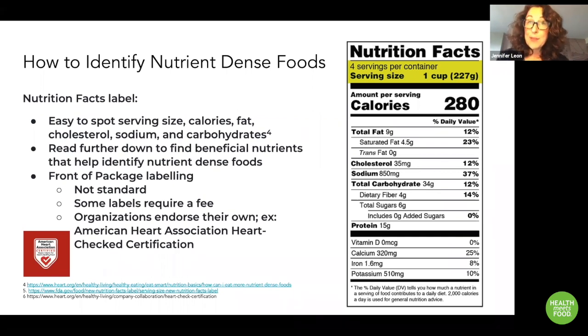Moving down to fiber. This is one of the things we talk about so much in our clinic and also in culinary medicine: how much fiber and how to get enough fiber. For adult women, they're usually aiming for somewhere between 21 and 25 grams per day. Adult men, 30 to 38 grams per day.